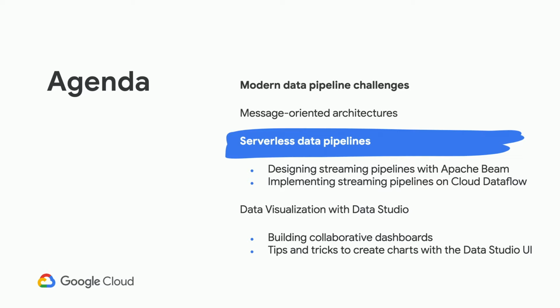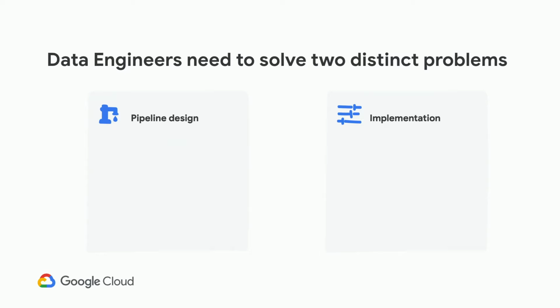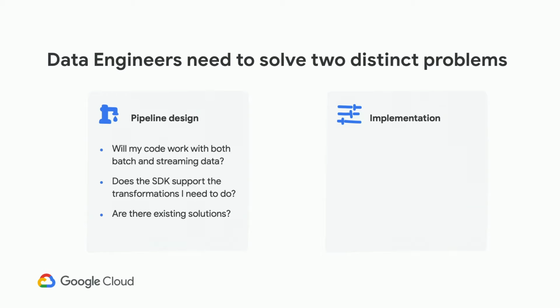So what about the serverless data pipeline here? We do need to take care of something, which is processing them, and then we need to have a pipeline design. We need to solve two distinct problems for the pipeline design and implementation. For example, will my code work with both batch and streaming data?